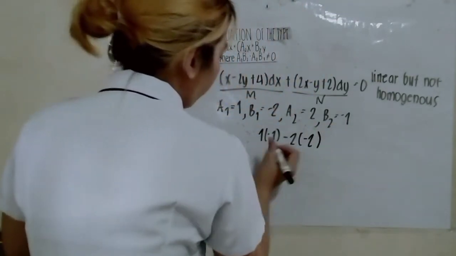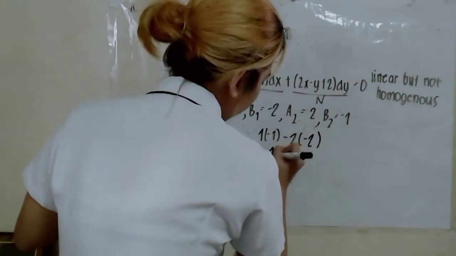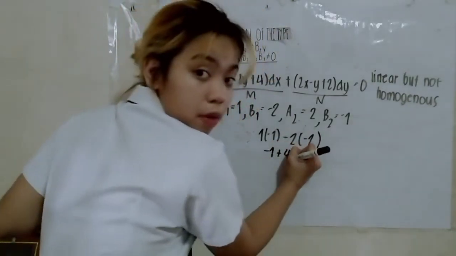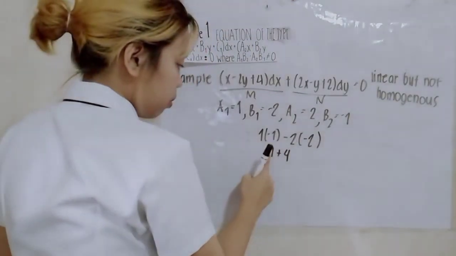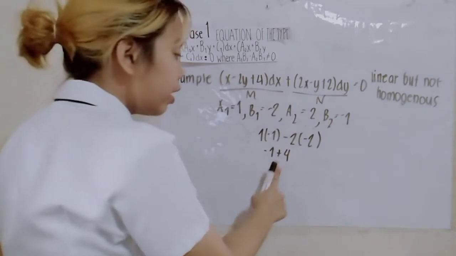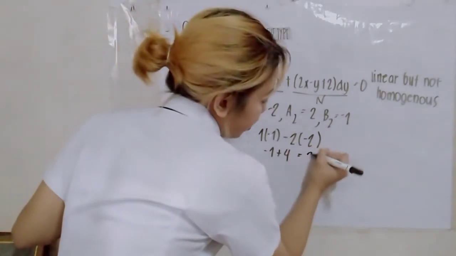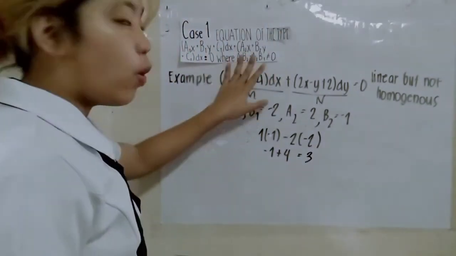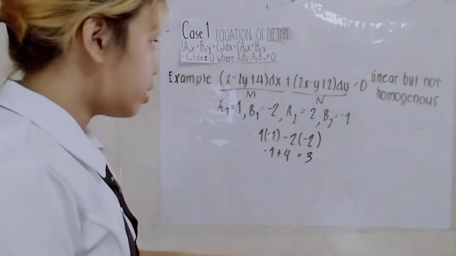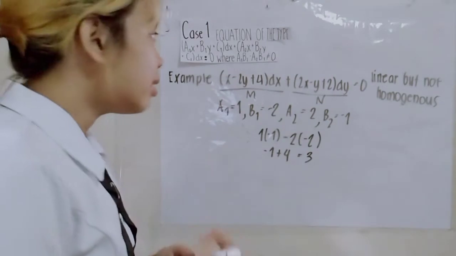So, 1 multiplied by negative 1 is negative 1. Negative 2 multiplied by negative 2 is positive 4. So, negative 1 plus positive 4 is equals to 3. Hindi siya equal sa 0, so nagpo-fall siya sa case number 1. So, proceed naman tayo ngayon sa step 1.